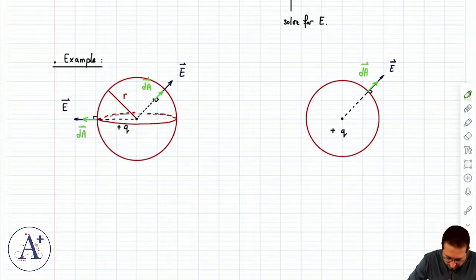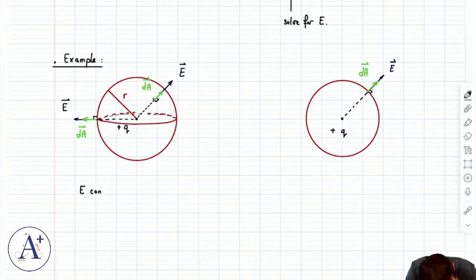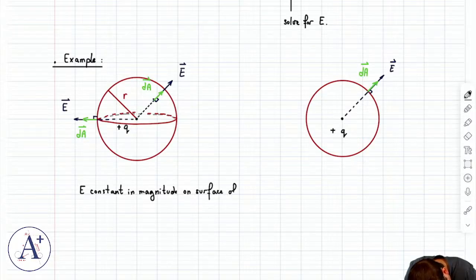But okay, fair enough, right? E is going to be along dA everywhere. So we have two things that are true. E is constant in magnitude on the surface of the sphere, and then theta is equal to 0.